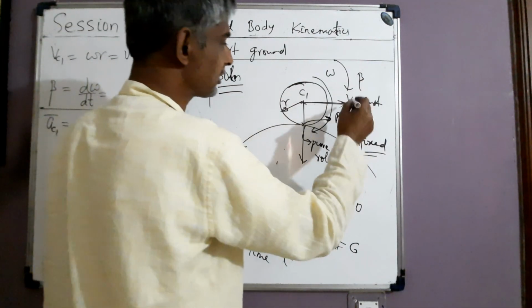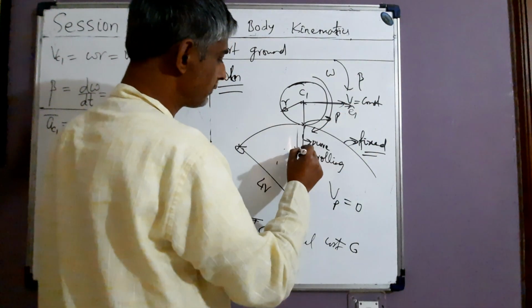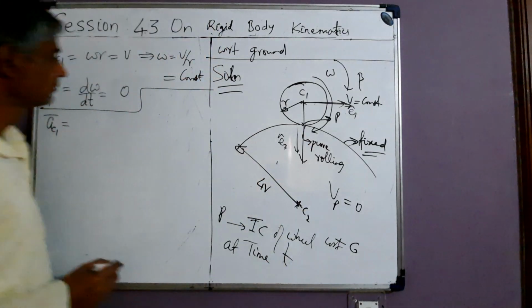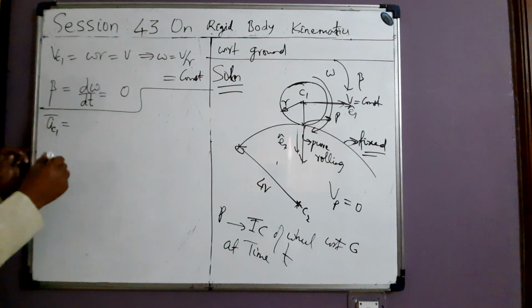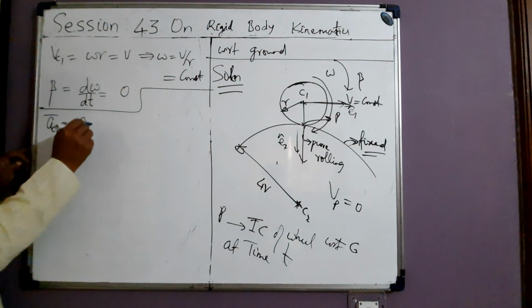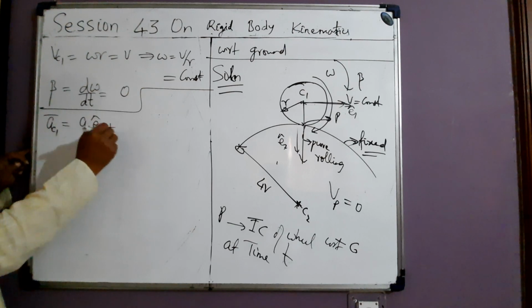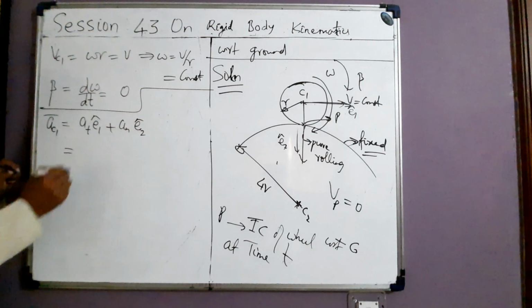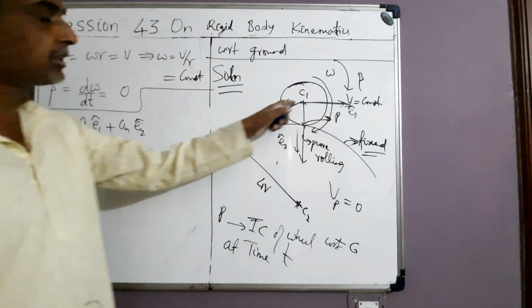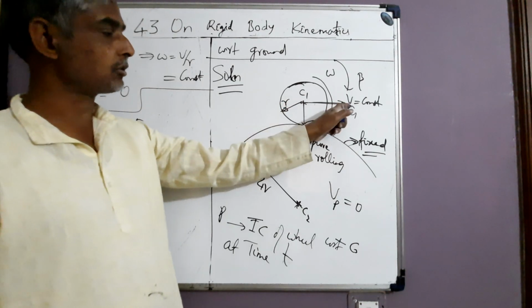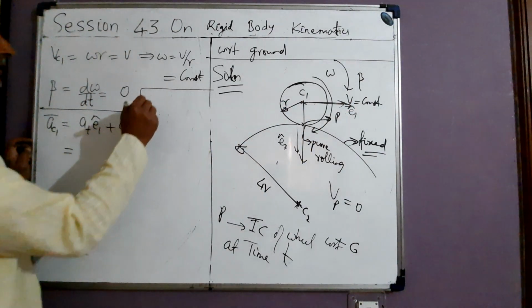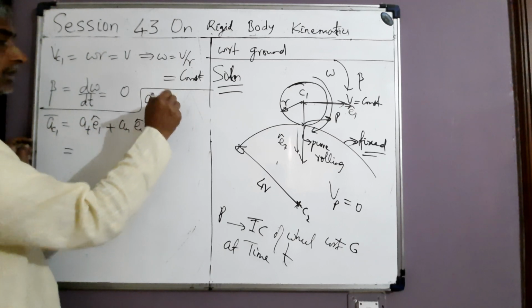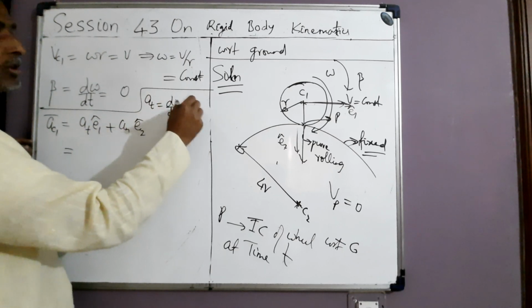Suppose the unit vector in this direction is e1 hat and the unit vector in the downward direction is e2 hat. So AC1 will be AT e1 hat plus AN e2 hat. Now AT is the tangential acceleration of center C1, but center C1 moves at a constant speed v. So the tangential acceleration of center C1 is dv by dt, which is 0 because speed is constant.